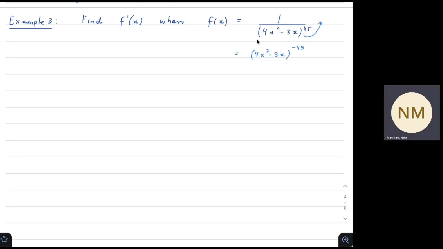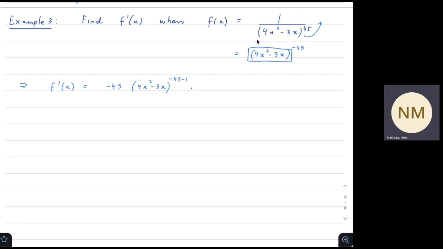Now you have to differentiate this function. How does this function look like? It looks like something to the power of negative 45. It looks like a box to the power of negative 45, which means that its derivative will be given by negative 45 times 4x squared minus 3x to the what power? To the power negative 45 minus 1.